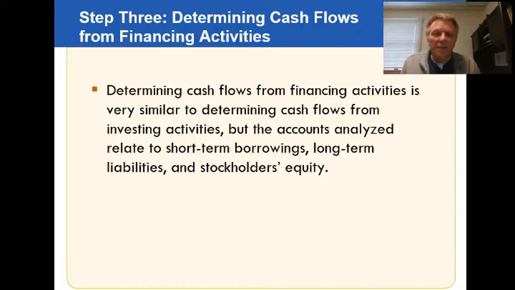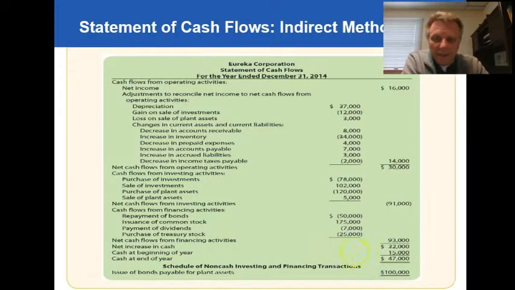Financing activities are activities that would bring cash into the organization. Maybe you had to borrow money, maybe you increased your credit line, maybe you pulled in some equity from stockholders and that sort of thing. All those relate to financing activities on the cash flow statement.